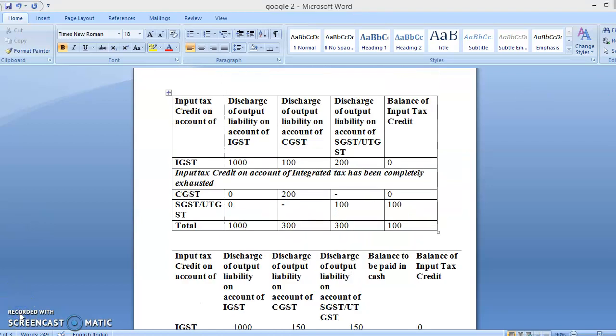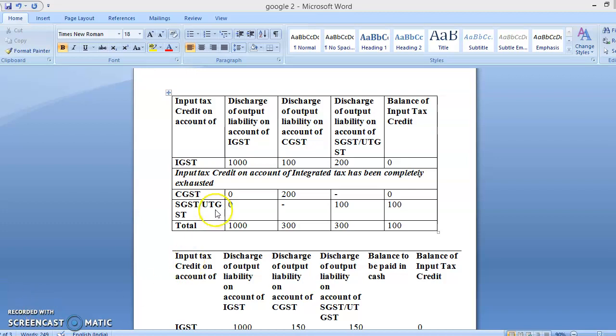In the second option, out of the IGST credit available 1300, 1000 rupees completely discharges the IGST liability. The remaining 300 I have utilized to set off CGST liability 100 and SGST 200. So IGST is completely utilized and the balance credit is 0.